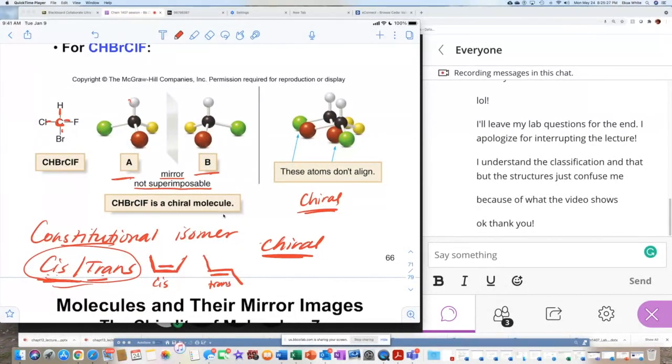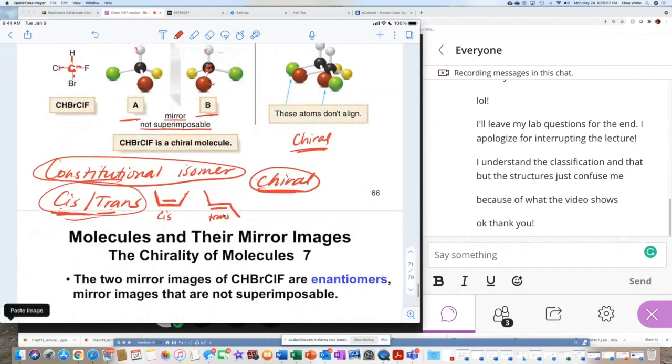Cis and trans are stereoisomers because you have important groups, the large groups having different orientations. Constitutional isomers, the atoms are connected so differently that they even maybe have different functional groups. The names are usually very different too. In the case of chiral compounds, the central atom is the same, the surrounding atoms are the same. So the part of the name that's different is a letter, R and S.